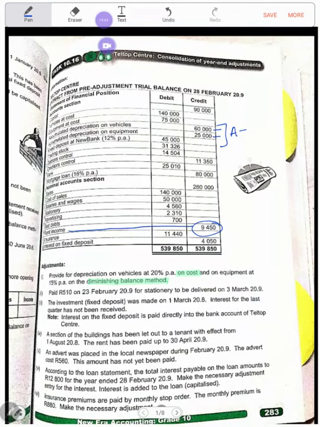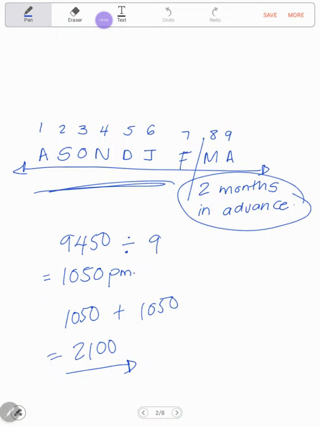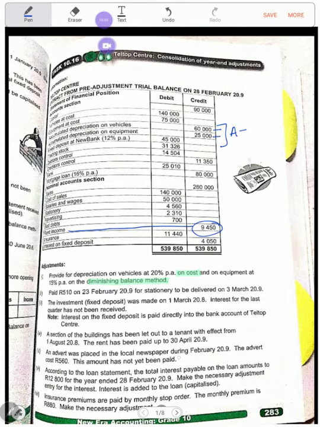Moving along to the next transaction. An advert was placed in the local newspaper during February. The advert cost 560. This amount has not yet been paid. This is expenses payable. Alright, it's in our financial year and we have not paid it.